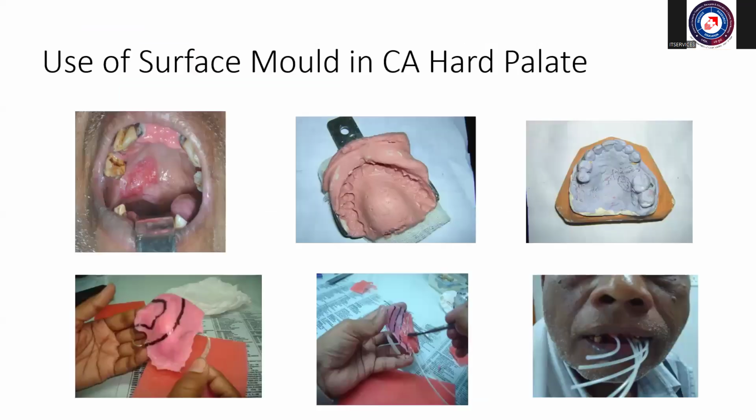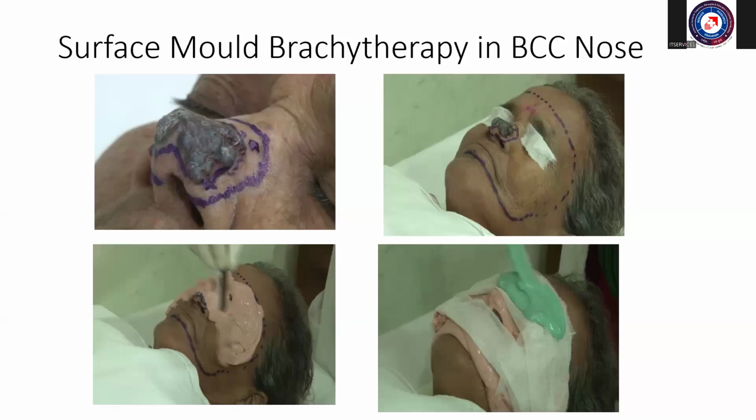So this was the case I was describing to you. So here we can see that this patient, if we have to do a surface mold, we have to make sure that we place a customized mold for the patient, which is comfortable for the patient. So for nose, you have to make sure that the area which is surrounding the nose, as well as the region till the forehead, is covered adequately so that the mold, first of all, doesn't move.